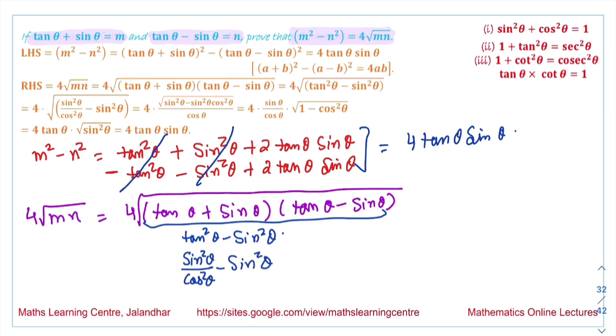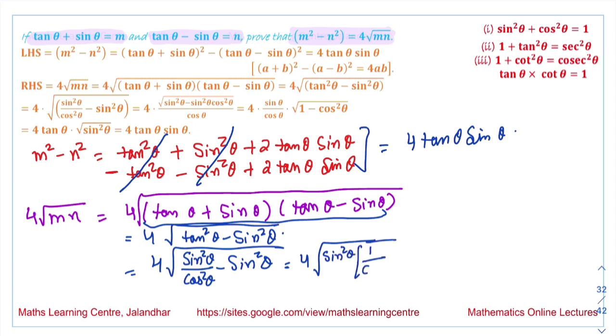These terms in the square root are equal to each other, and this value is equal to 4 times square root of, if we take sin square theta common, 1 over cos square theta minus 1. So this is 4 sin theta square root of (1 minus cos square theta) over cos square theta.